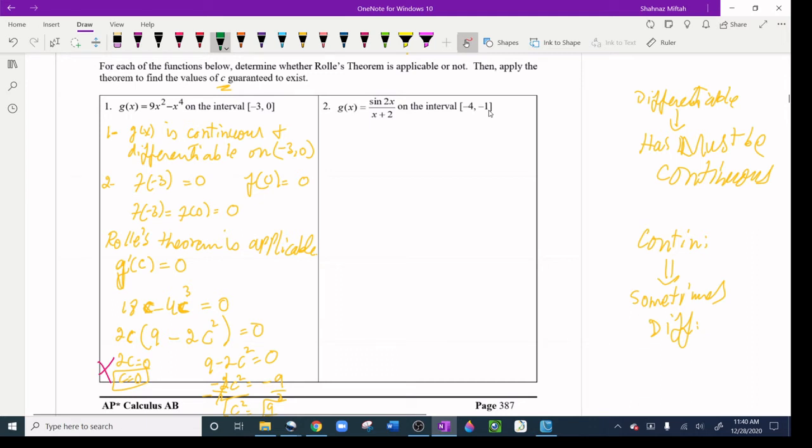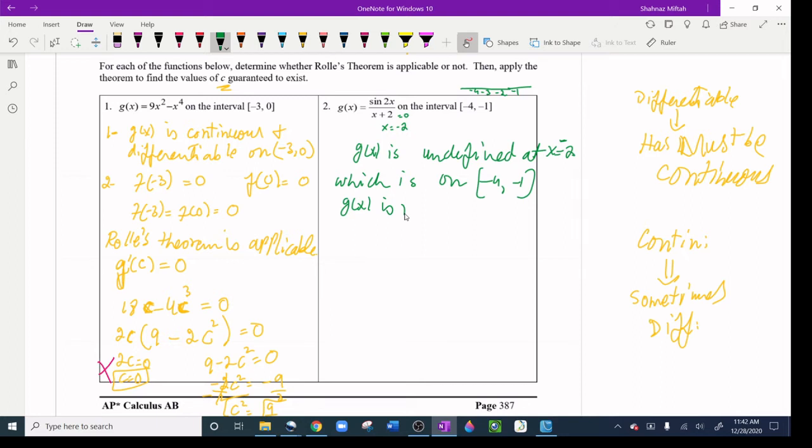So Rolle's theorem is not applicable. g of x is undefined at x equal -2, or you can say it has a vertical asymptote at x equal -2, which is on the closed interval -4, -1. g of x is not continuous.